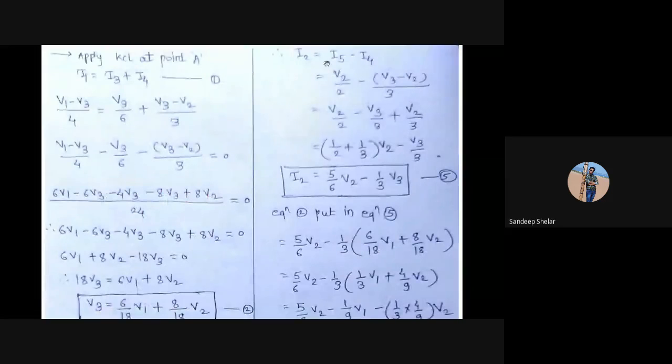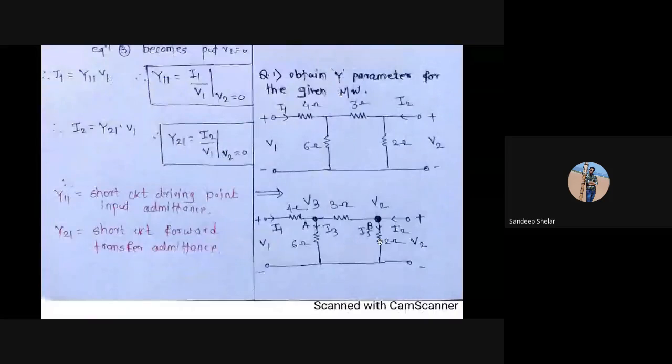So this I2 is equal to I5 minus I4. Then I5 is equal to V2 upon 2.